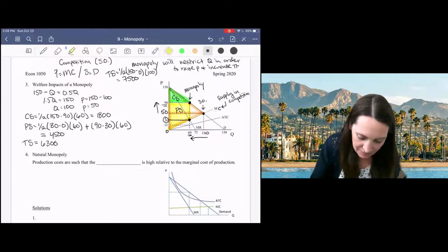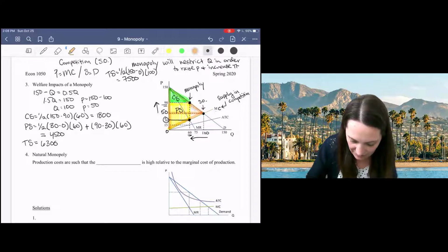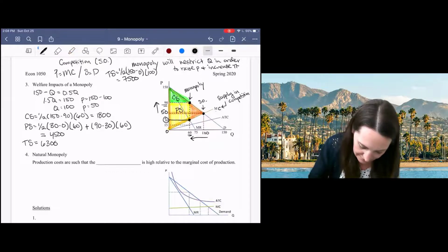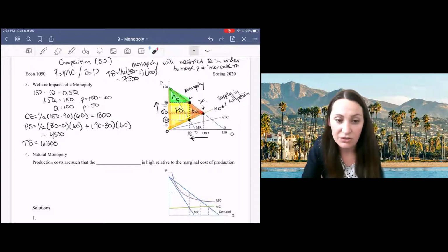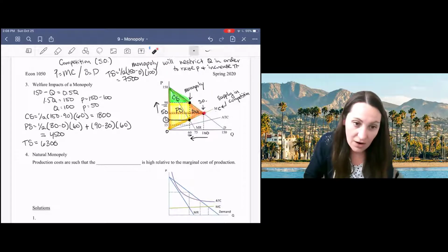And deadweight loss most always comes from this restriction in the quantity that's sold, because what's happening here is that there are consumers who could potentially gain from purchasing this product more than the cost of producing the product.